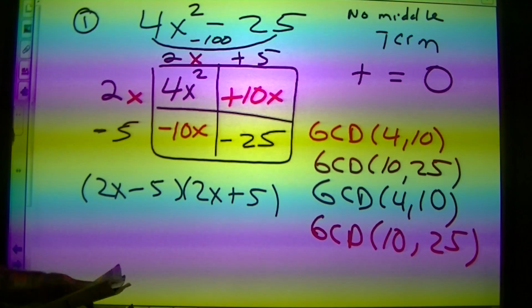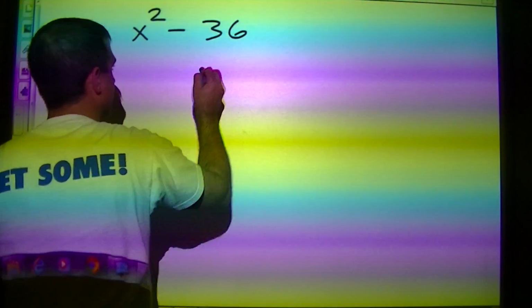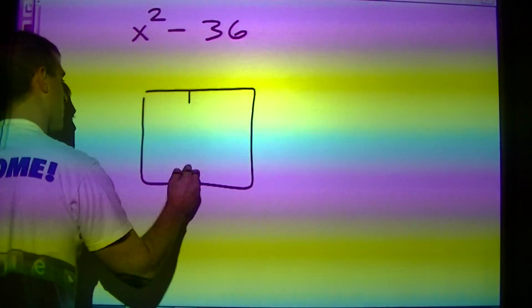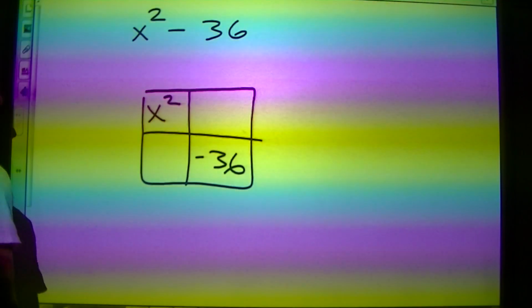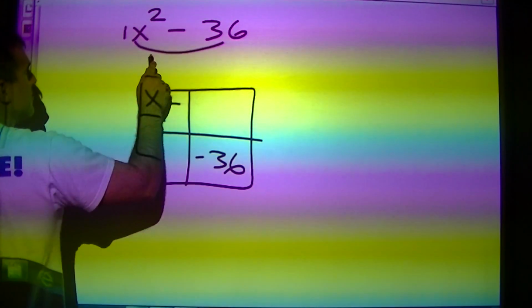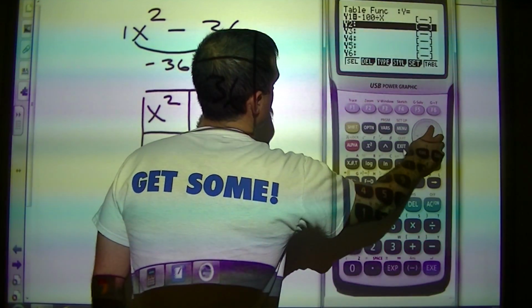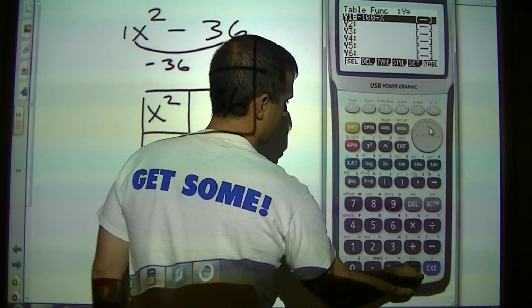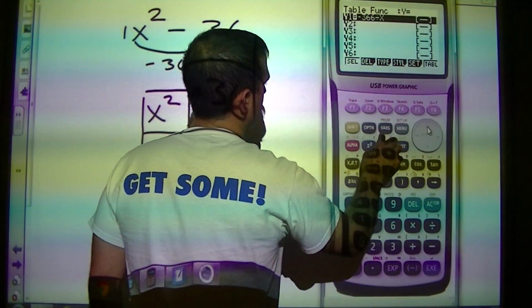If the leading coefficient is going to be a 1, let's say I have an example like this, x squared minus 36. All right, I'm doing x squared, I'm doing negative 36. Well, 1 times negative 36 is going to be negative 36. I'm going back, I'm going to do negative 36 divided by x.